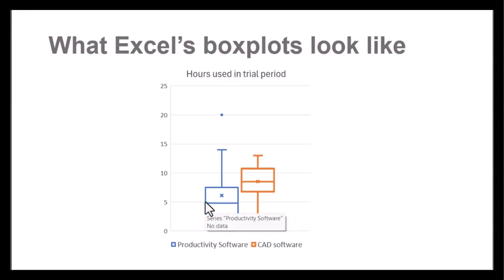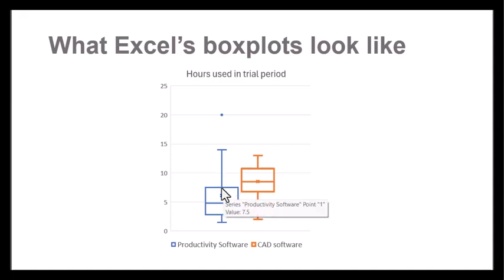Then the median line shows up in the middle of the box at about 5, and then just above that there's a little X, and that X represents the mean. So the mean is not typically considered part of the 5-number summary, but Excel does include the mean in its box plots. You can see that the mean in this blue or first box plot is higher than the median, and that's indicating that right skew that we saw in the data. The upper portion of the box plot represents that quartile 3, which I believe was 7.